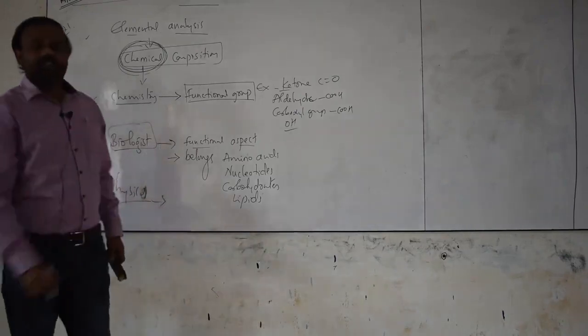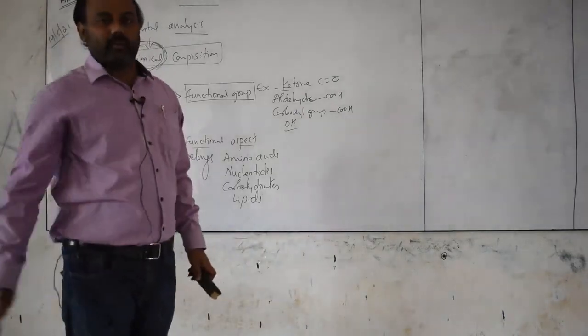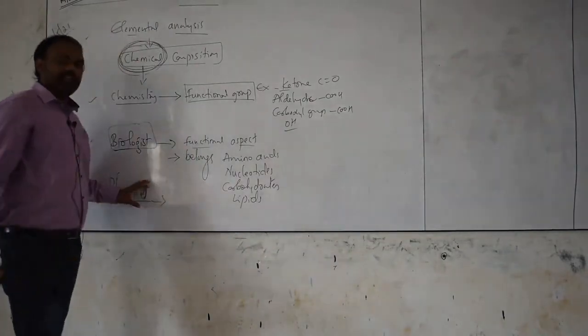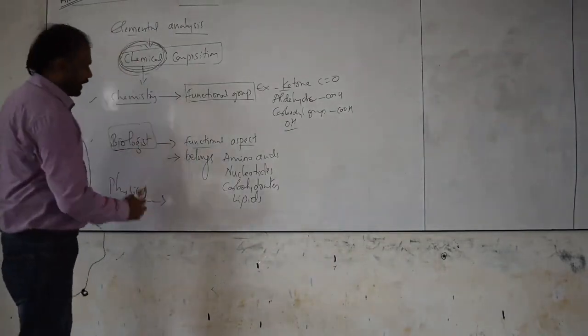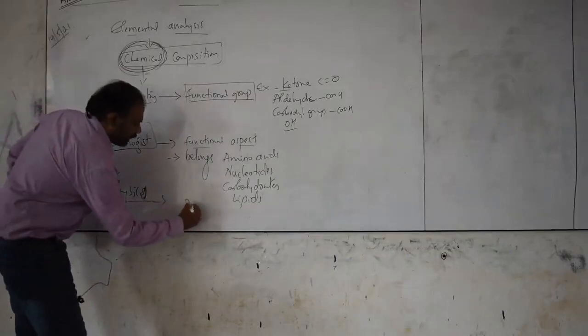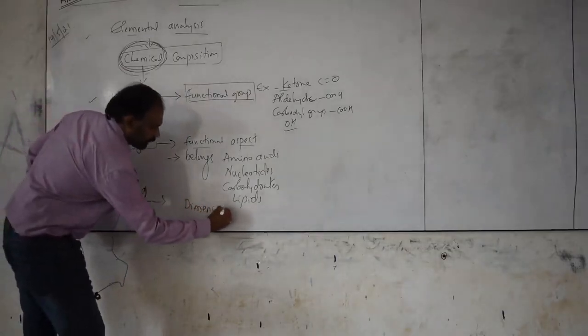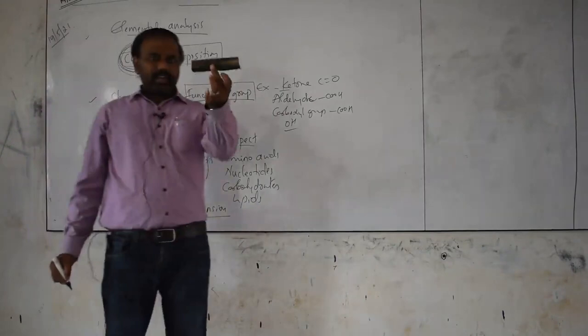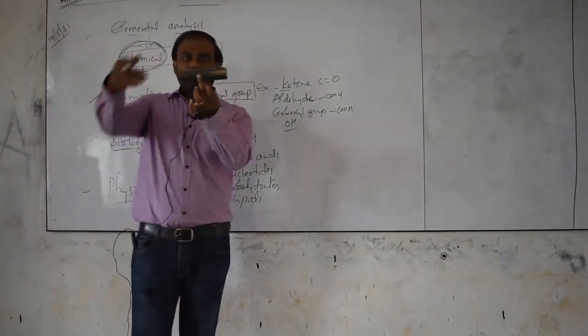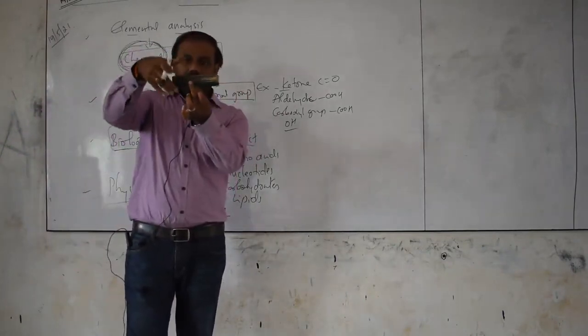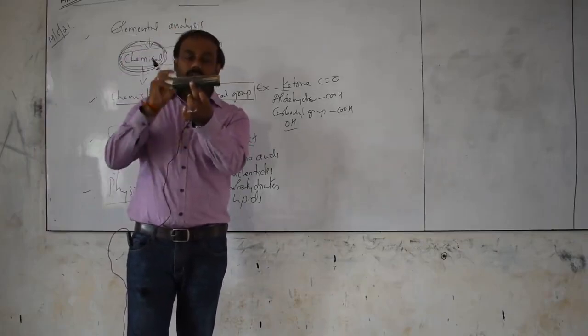Can you understand? Yes, the physics individuals are always concerned with the chemicals' physical dimension. Yes, dimension. Say for example, imagine a kind of chemical. Here will be a carbon atom. Here will be a functional group.